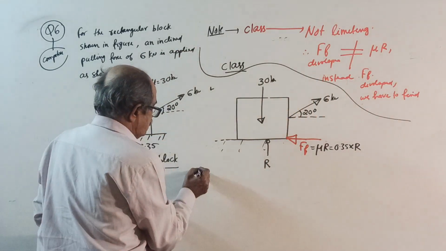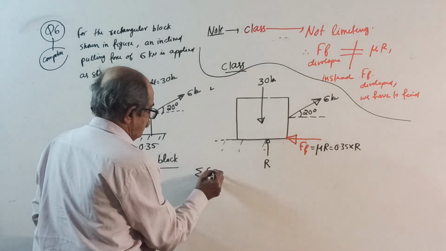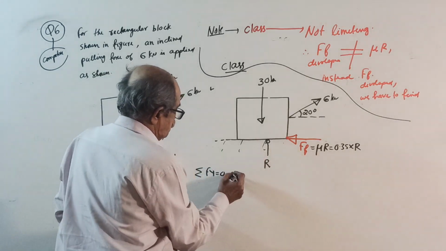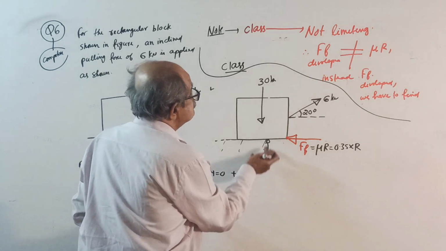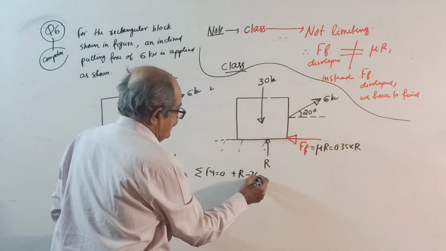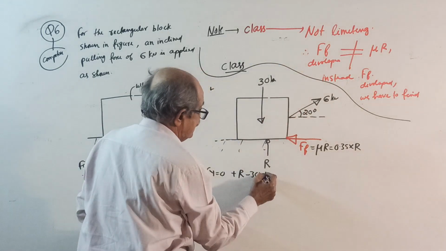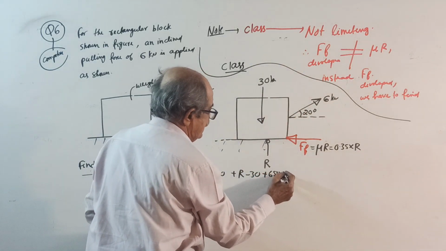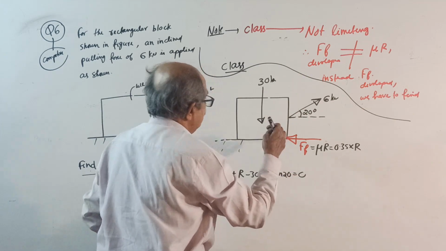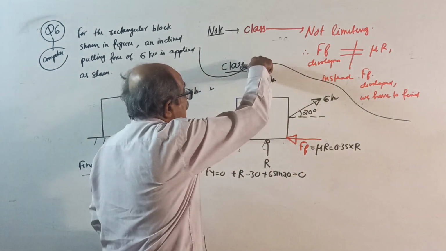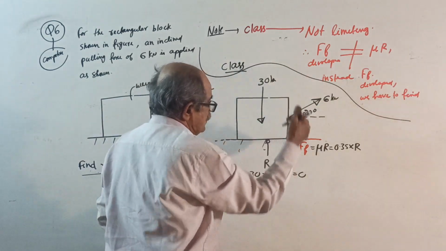Sigma Fy equal to 0. Plus R minus 30 plus 6 sine 20 equal to 0.